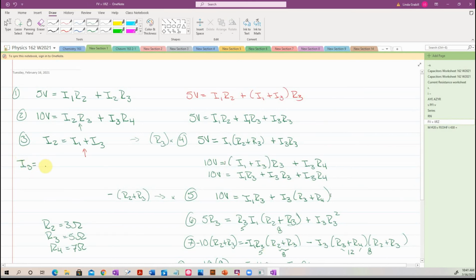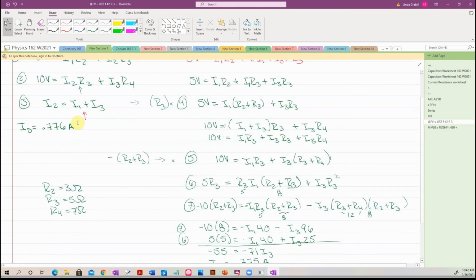Equals 0.776 amps. Now let's look for one that has just I3 and somebody else. Let's see. I have here. Yep, here. So I can solve for I2. Let's do that.